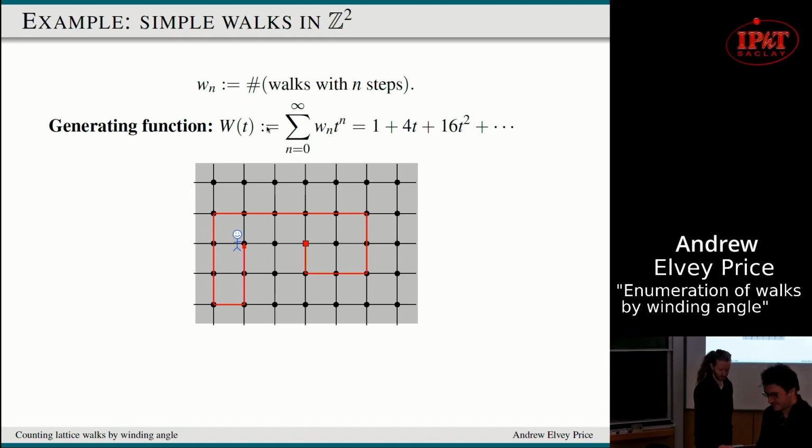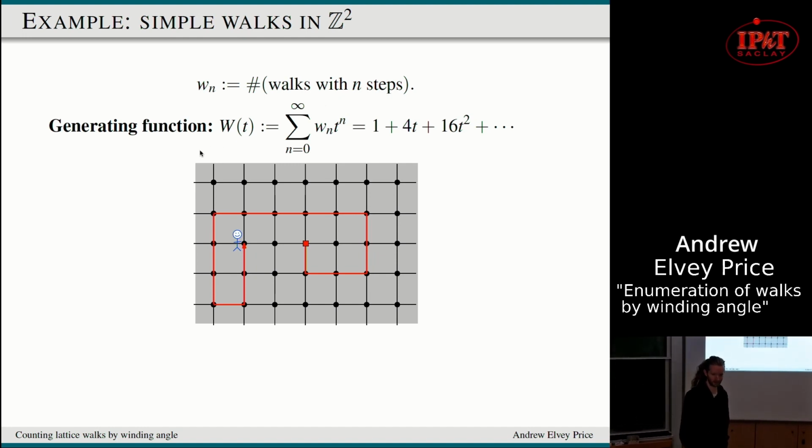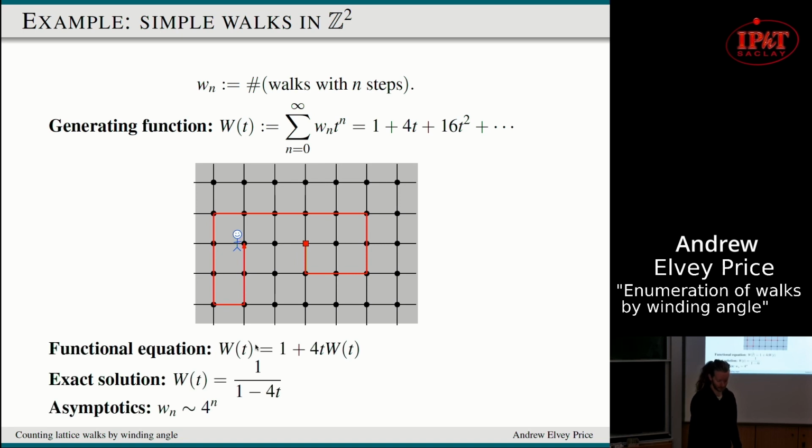Okay, so with this example, we want to count the number of walks of each length. So we can write a functional equation for this, which says that a walk, which is counted by W(t), either has no steps, in which case we just get one, or it's a walk with a step added at the end, in which case there are 4 options for the step we add, and we also have to multiply by t because we're increasing the length by 1, and t is counting the length.